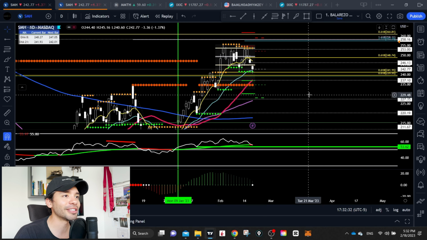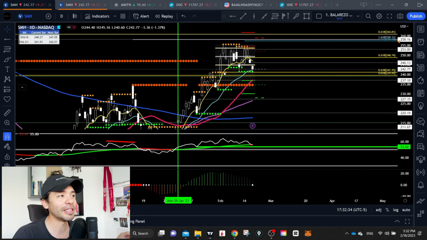So the setup in the SMH, you can see that is basically the same thing. We're testing this level of support here. We're coming right into that 21 exponential. The trend oscillator is coming right into support. We also have a squeeze, and basically the trade is the same thing, right?